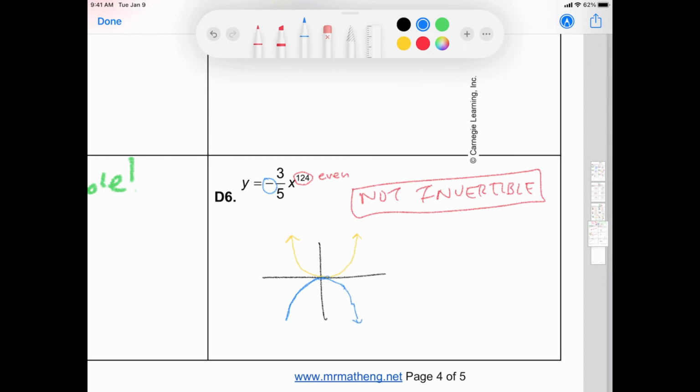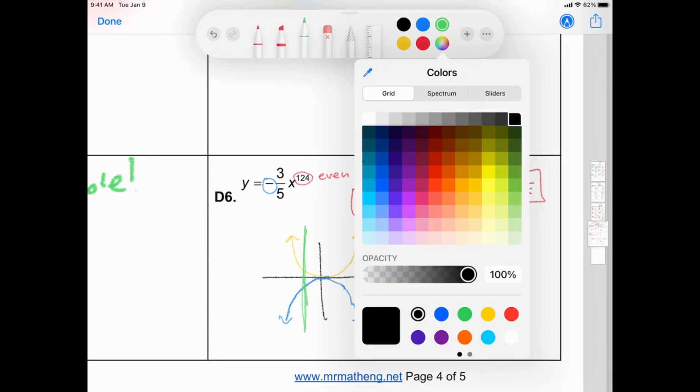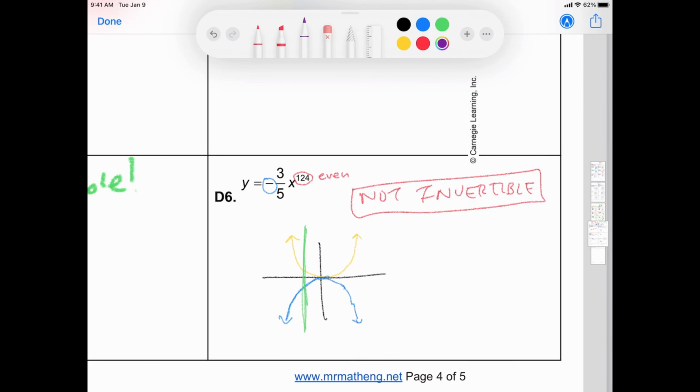It's not really going to change it because if you, on the blue, take the vertical line test, it passes, which means it's a function. It already told us that. But if I use the horizontal line test, it will fail because it goes through more than one point, so it won't be one to one. So D6 is not invertible.